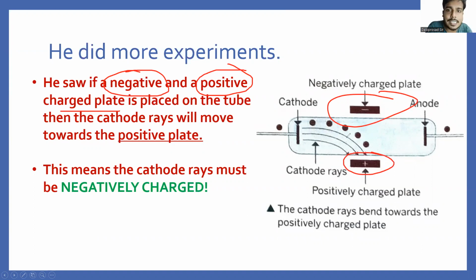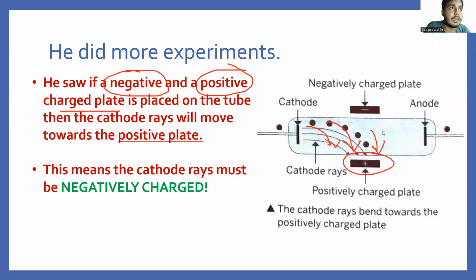The cathode rays are actually not moving in straight lines. Now they are deflecting towards the positive plate. If the particles are negatively charged, the negative plate must have repelled them, and they got attracted towards the positive plate.